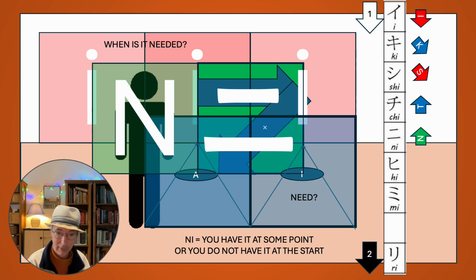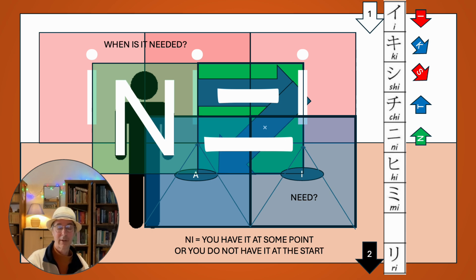You don't know when you need a timing, so there is a point where you have it and a point where you don't. At some point you know, okay, I will have it. That's the idea of the Roman script, and also knowing when to use something or when not to use something. It's already there in the vowels.